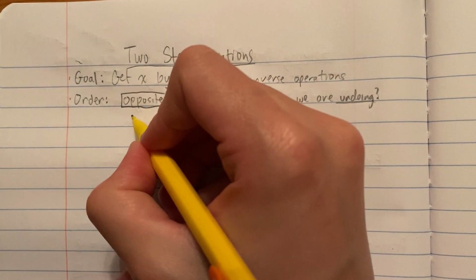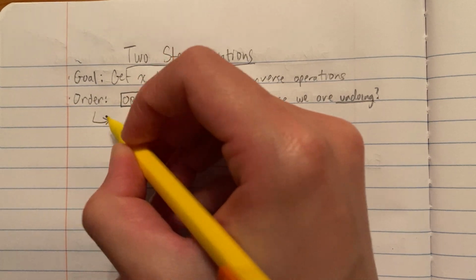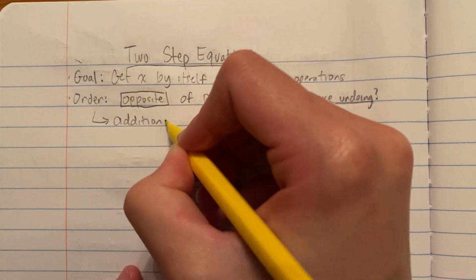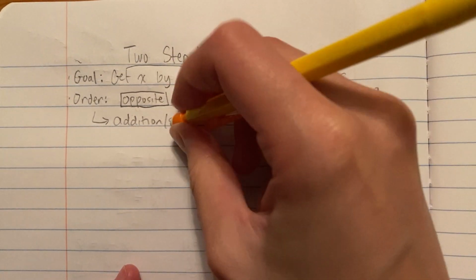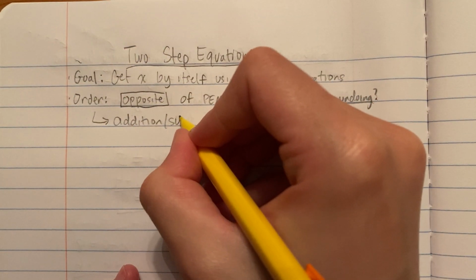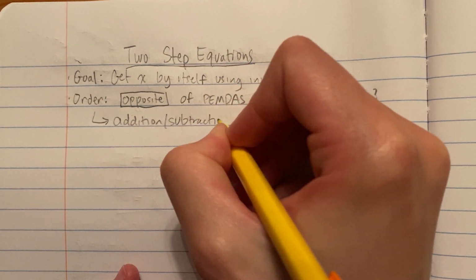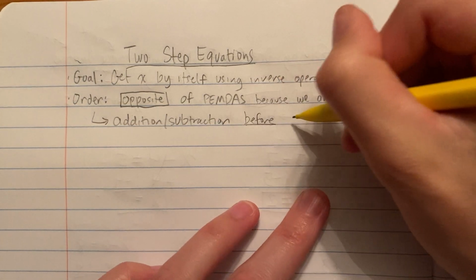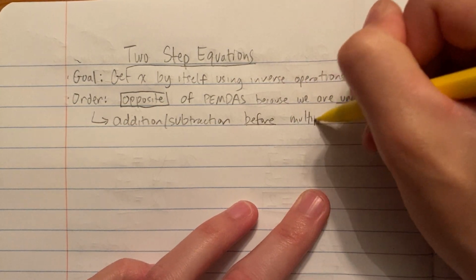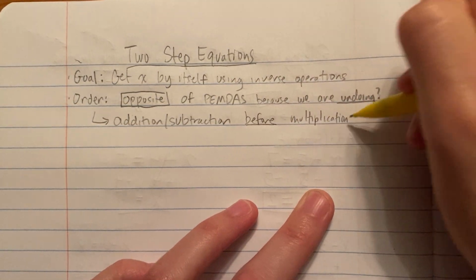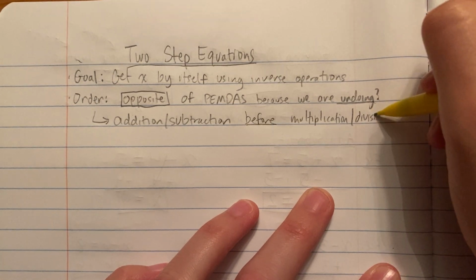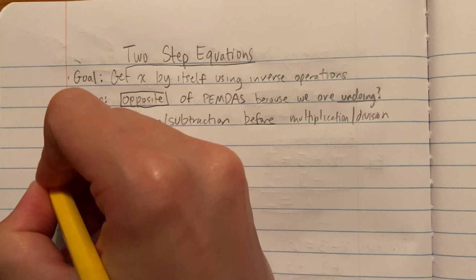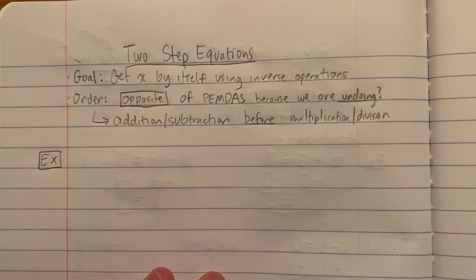So the big thing that you need to be aware of for today is that we are going to do inverse operations of addition and subtraction before we undo multiplication and division. Okay, so that's kind of the big thing that you need to know. And let's take a look at some examples.